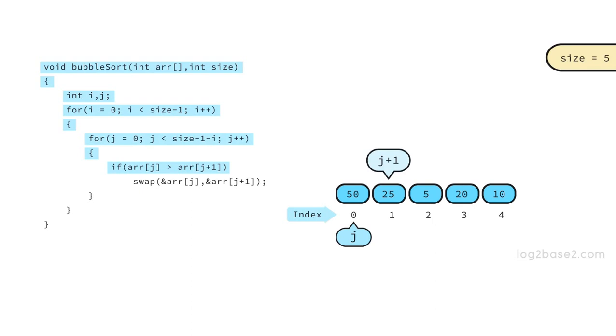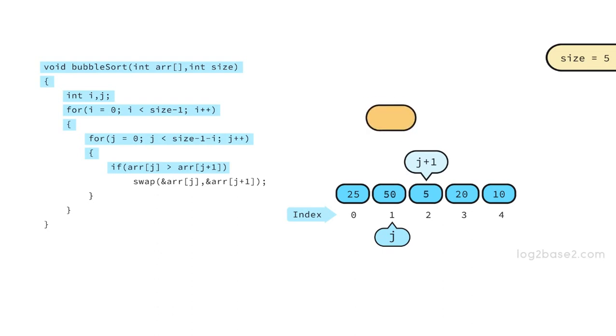Here, arr[j] is equal to 50 and arr[j+1] is equal to 25. And we have 50 greater than 25. So if is true, so swap these two elements. Now in the next iteration, j is equal to 1 and we have if arr[j] greater than arr[j+1], that is we are comparing the elements at index 1 and 2 and we have 50 greater than 5.